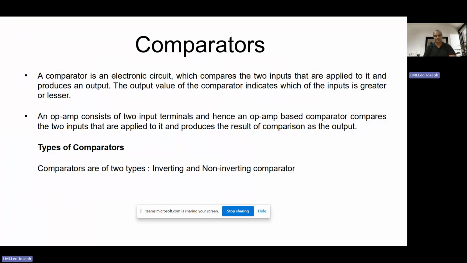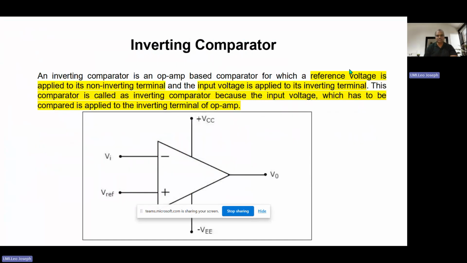But basically these two comparators can be realized within a single configuration based on the design. So how we are going to consider a single design and realize two forms of the comparator is the special input in this video. As per the theoretical concept, these things you already know.